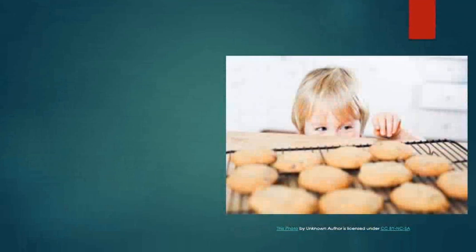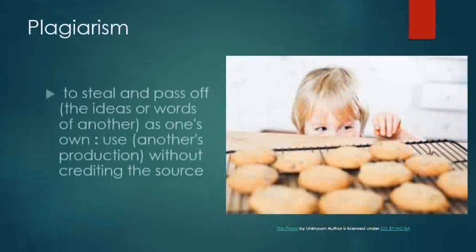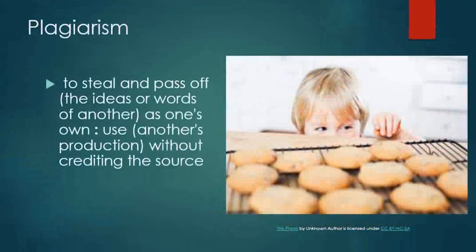The other side of copyright is plagiarism, which is basically theft, which is why I found this really awesome picture of this kid stealing cookies. So everybody knows what plagiarism is. It's basically cheating or breaking a copyright where you pass off somebody else's stuff as your own.